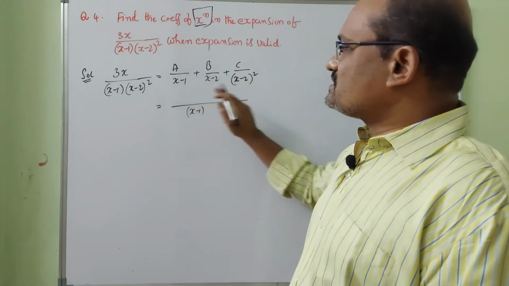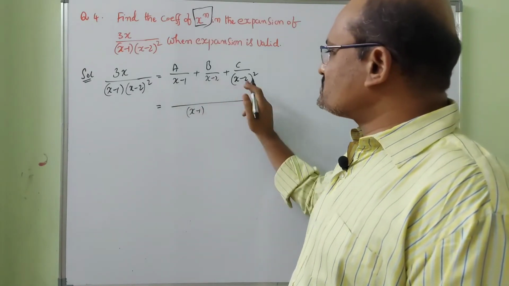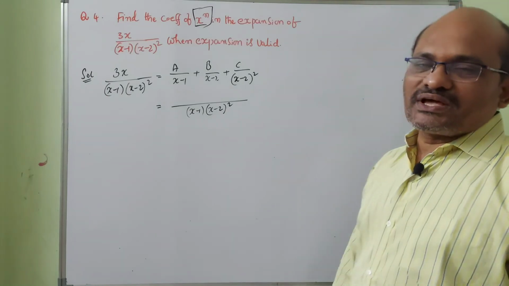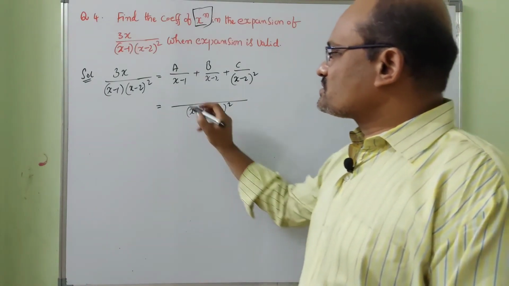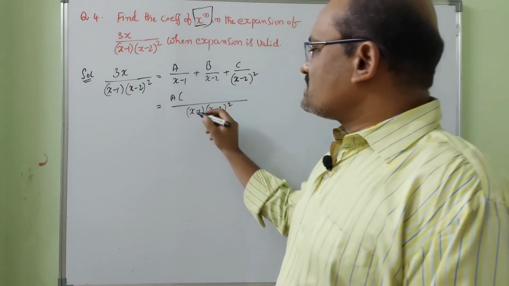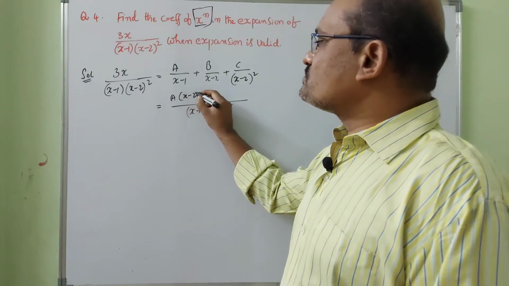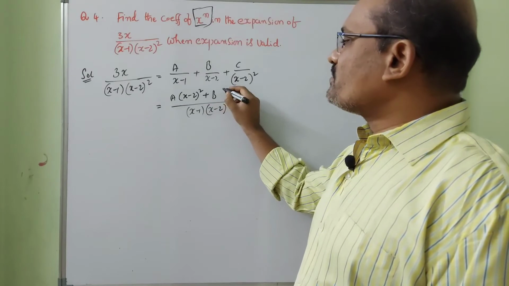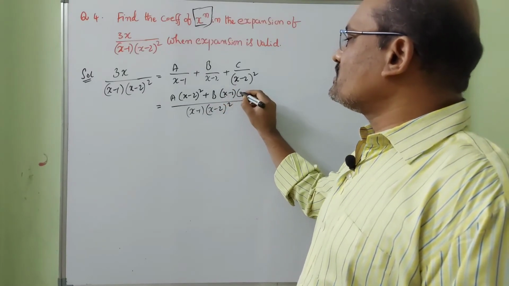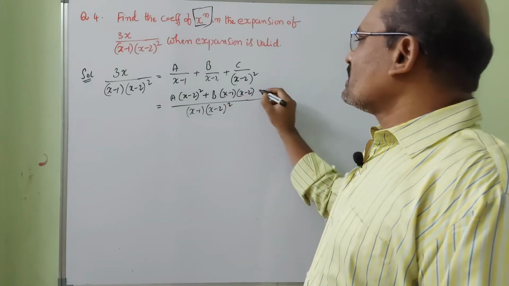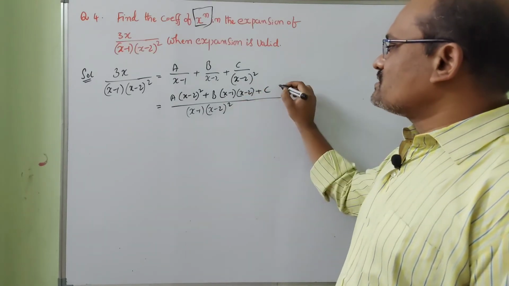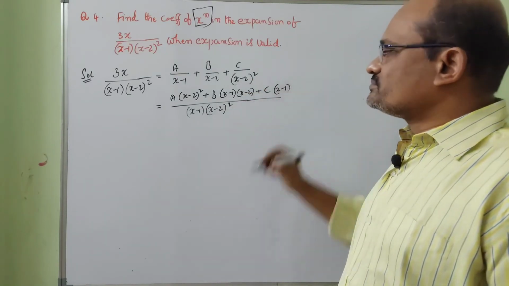The LCM is x minus 1 into (x minus 2) whole square. Now for A, x minus 1 gets cancelled and you will get (x minus 2) whole square. For B, one x minus 2 will go and the remaining is (x minus 1) into (x minus 2) plus C into, here (x minus 2) whole square cancels, we will get x minus 1.